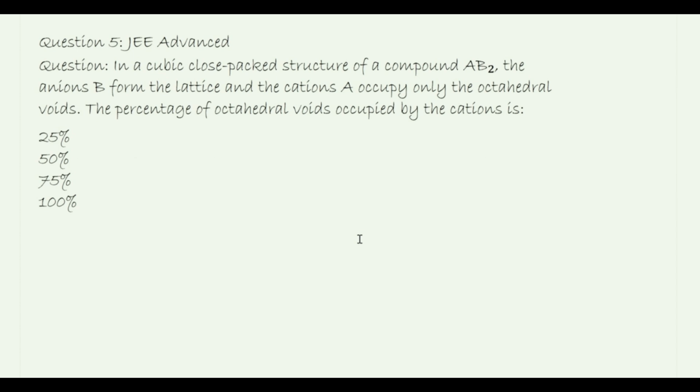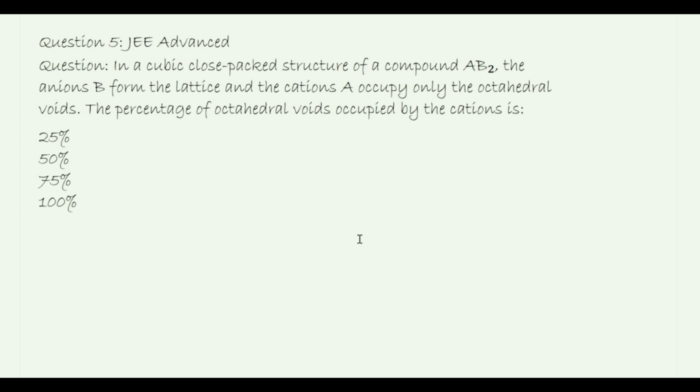A JEE Advanced question: in a cubic close packed structure of a compound AB2, the anions B form a lattice and the cations A occupy only the octahedral voids. The percentage of octahedral voids occupied by the cation is? So for this question, the number of anions is 4 per unit cell, right?